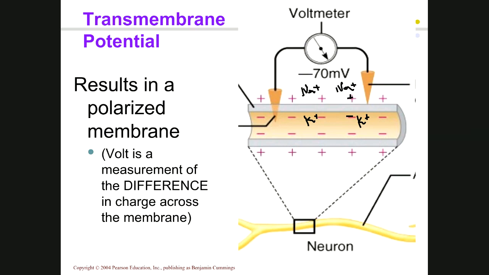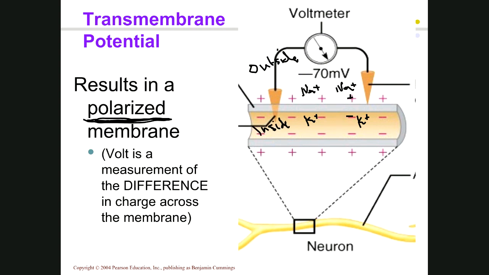Another way to say that is that the membrane is polarized. So polarized, this side, the outside, does not look like the inside. They're different from each other.